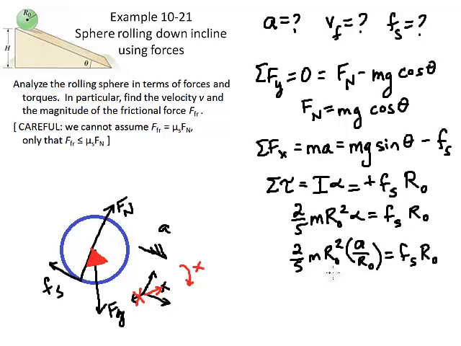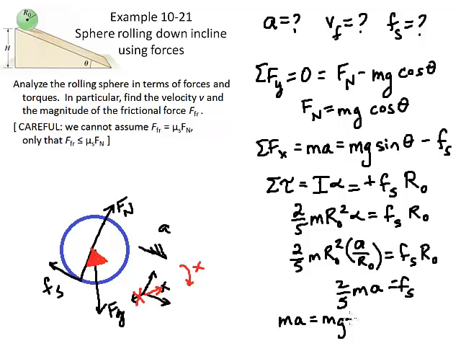So in fact, what ends up happening is that we get that the force of static friction is simply equal to 2/5 ma.